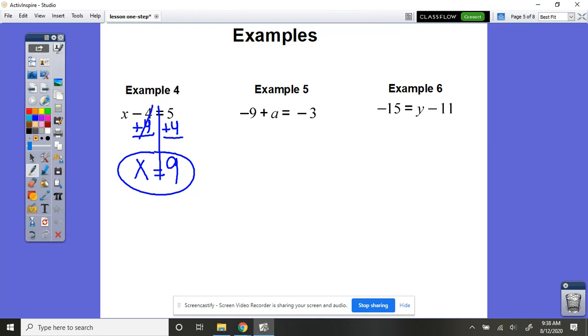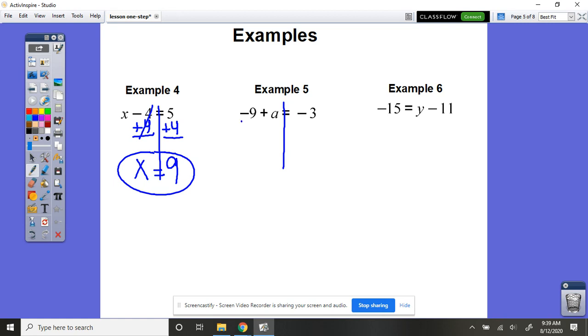Now, if you would like, pause the video and try the rest of these by yourself. Let's talk about example 5. Negative 9 plus a equals negative 3. Sometimes these throw people off. On the side with the variable, which is a, you see a negative 9. I need to cancel a negative 9, so I'm going to use addition.